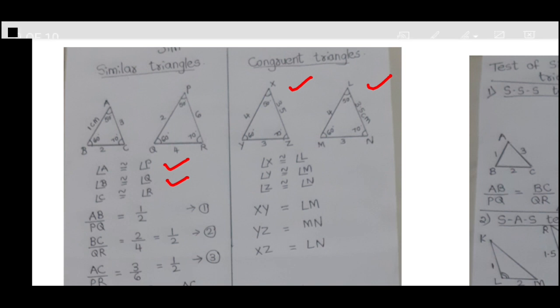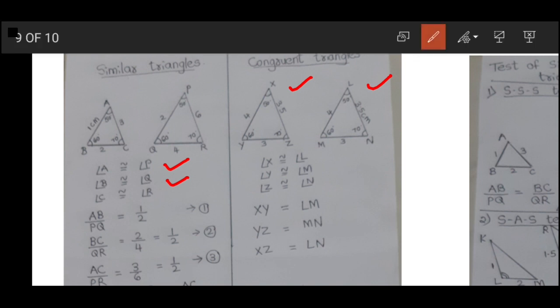The next part in similar triangles is that the sides are proportional. Proportional means, just see, AB upon PQ. AB length is given as 1, PQ is given as 2. So the ratio is 1 upon 2. I have got statement number 1. Next, BC upon QR, that is 2 upon 4. Again I got a half.